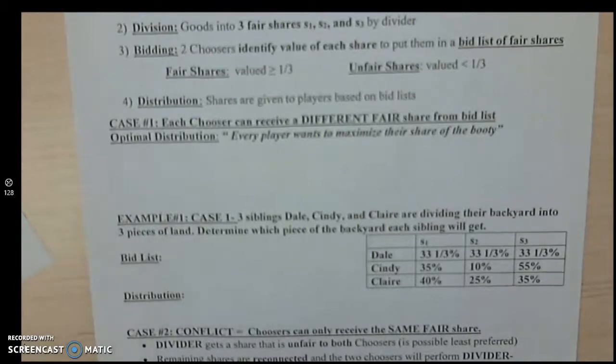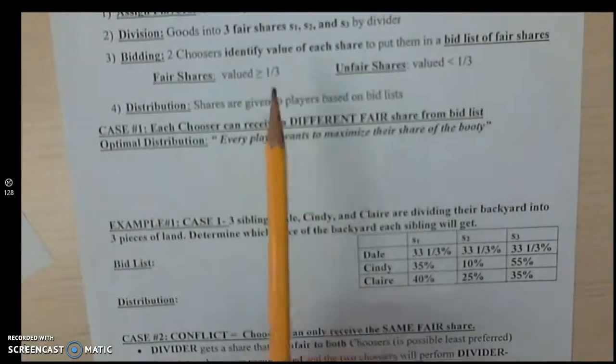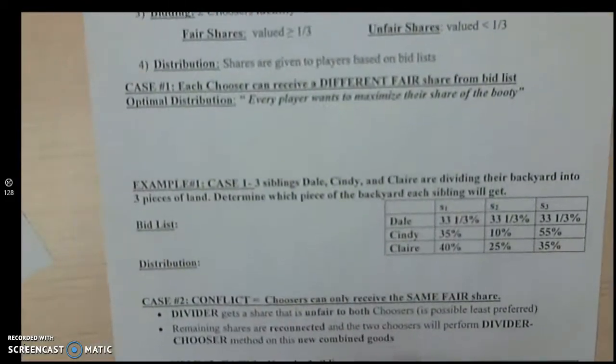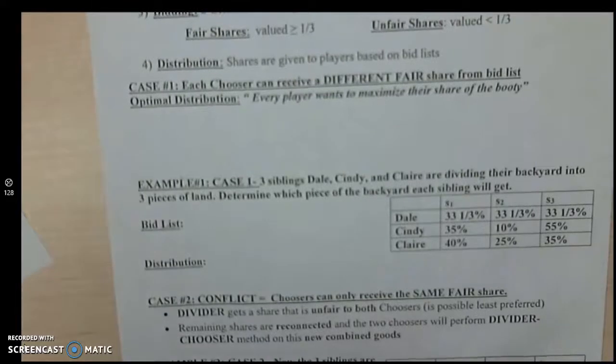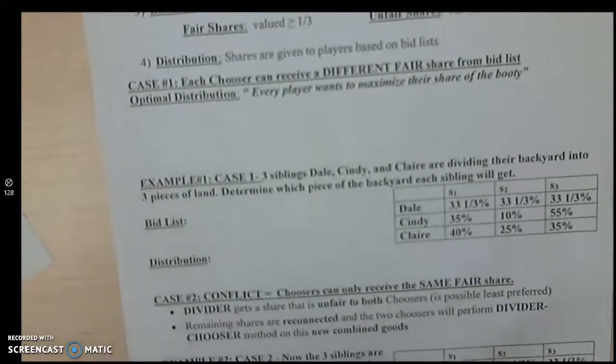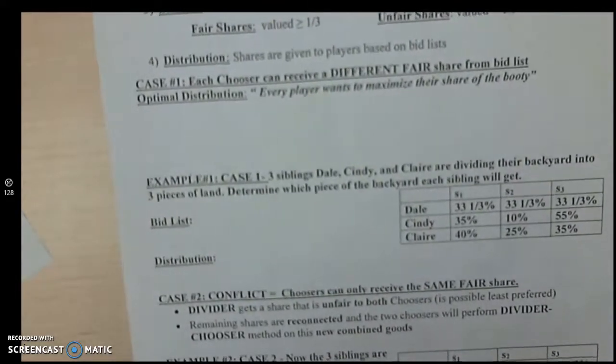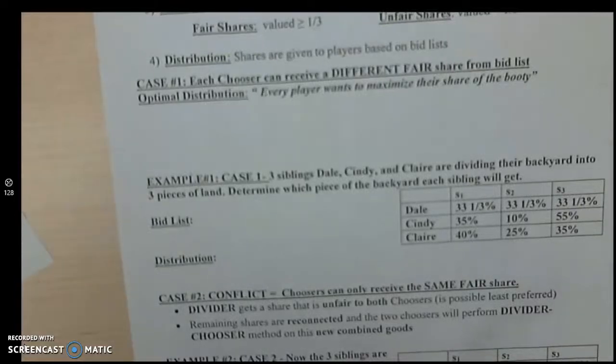But no matter what, you're always going to make sure you get at least your fair share, which would be, if there are three people, at least a third of the objects. In this case, cake or pie or pizza or whatever you're dividing.